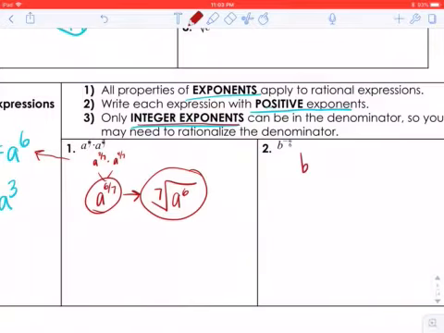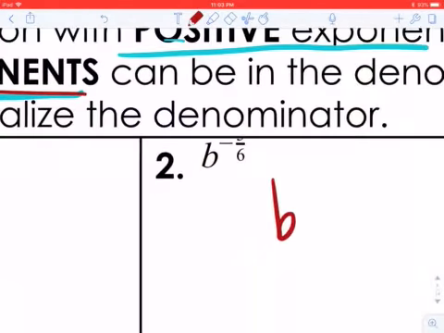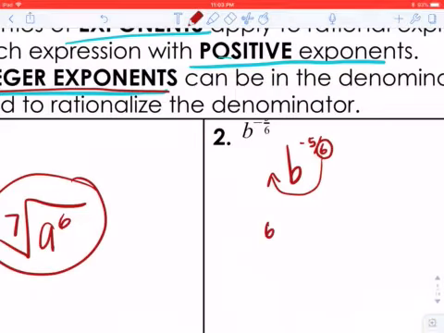This is b to the negative 5/6. So the 6 goes out in front, and I have the 6th root of b to the negative 5.